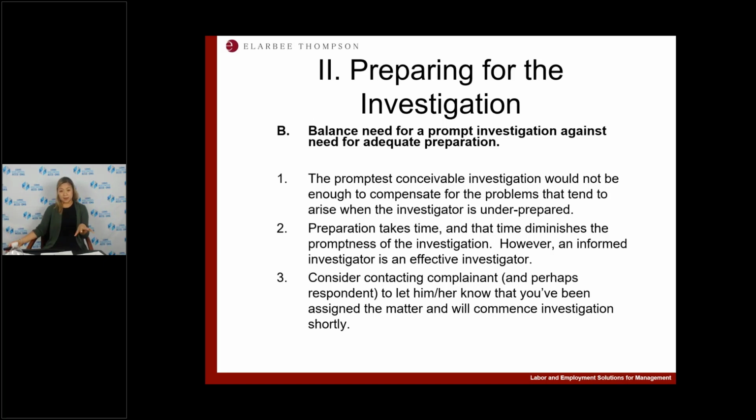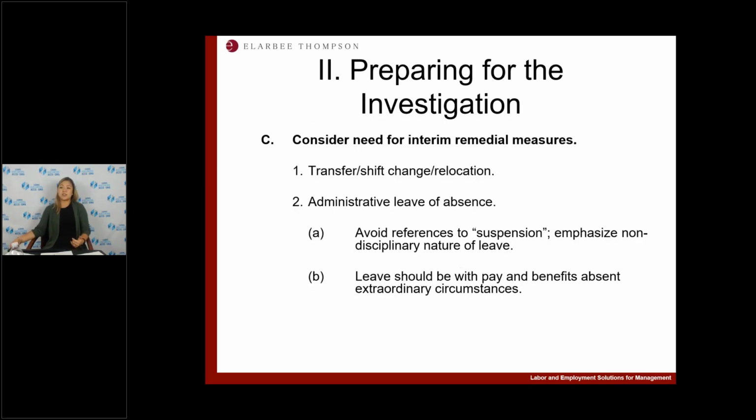And during the investigation, before you can make findings, you want to consider interim remedial measures. That means, particularly when a complainant and a respondent work in close quarters, whether or not you can rearrange shifts or relocate.